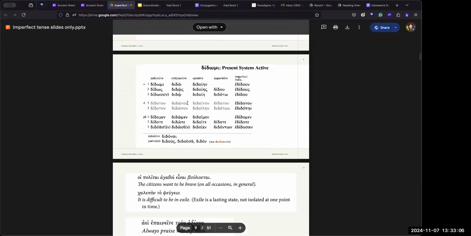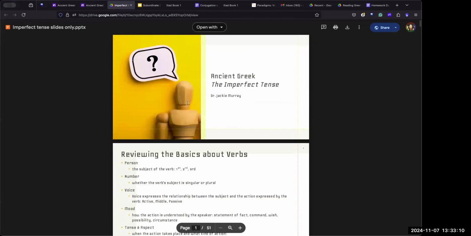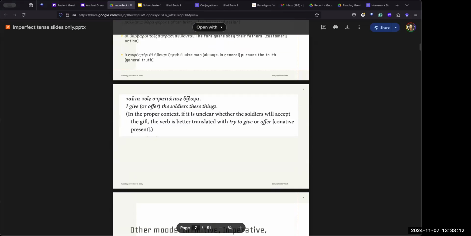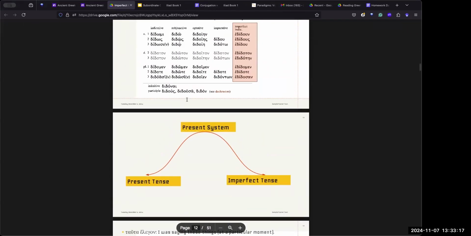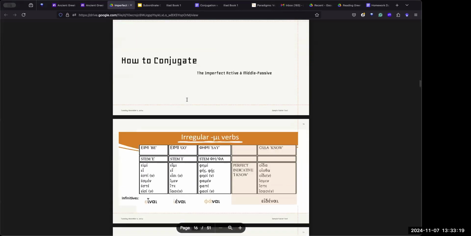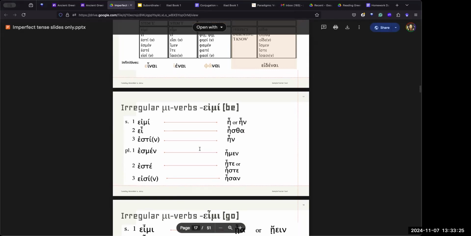The verb to be, the irregular verbs. Yeah, here. Okay, so did I not have the irregular verbs in this? No, yeah, here they are. So the verb to be is here. You just have to memorize it.